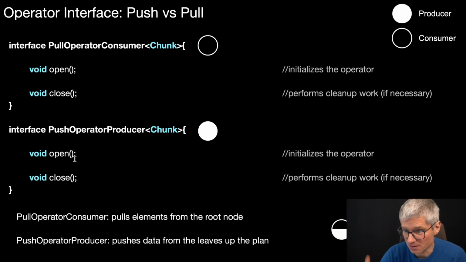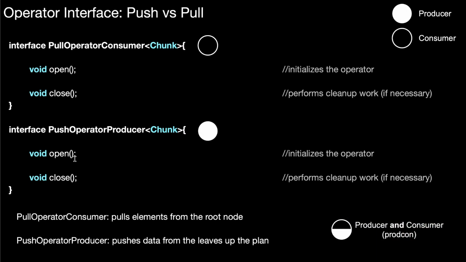It doesn't have a next call. You will see in a moment why it must be like that. I have examples in a moment. Just for completeness, we will see operators that have both roles at the same time. They are at the same time consumers and producers.